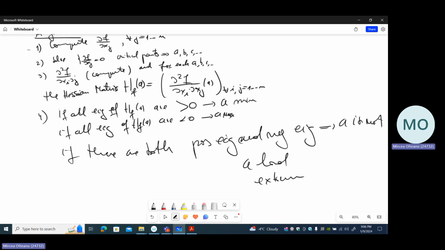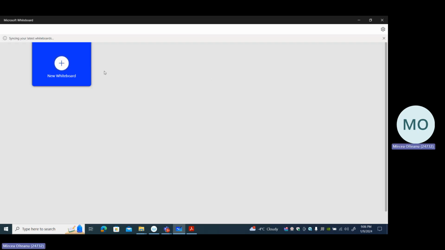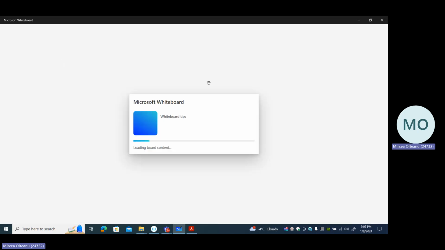Okay, this is the basic algorithm, and now let's apply this algorithm to decide the extrema of some particular functions.